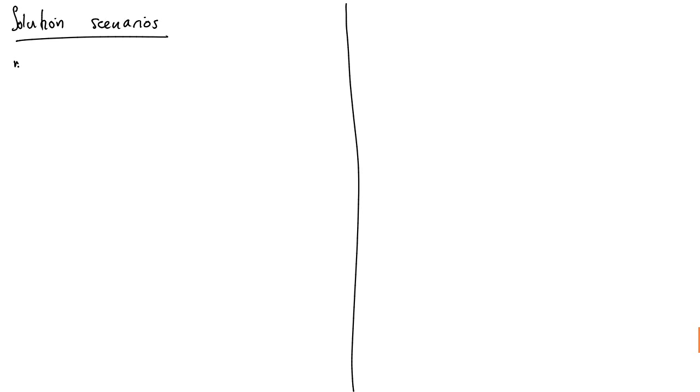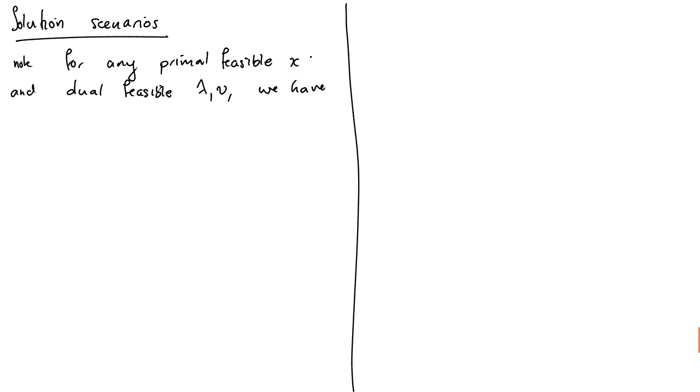Okay, so just note that for any primal feasible x, so you'll start to get the hang of how I'm using the word primal, and dual feasible variables lambda and nu, we have g of lambda and nu is less than or equal to f naught of x.